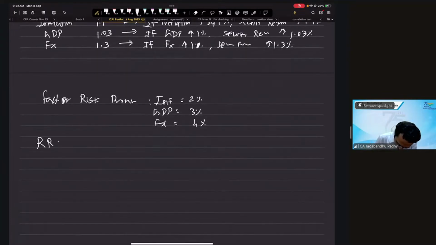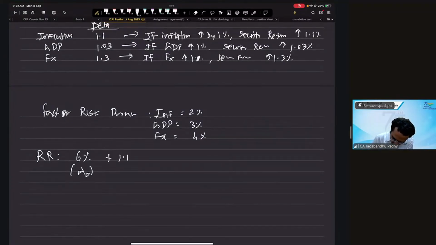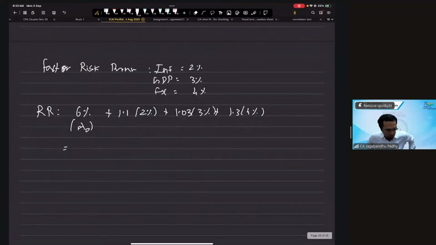So required return will be, let's say, lambda 0, the risk-free rate that we are talking of, plus beta of 1.1 into 2% plus beta of 1.03 into 3% plus beta of 1.3 into 4%. So in this way, what is your required rate of return overall, guys?